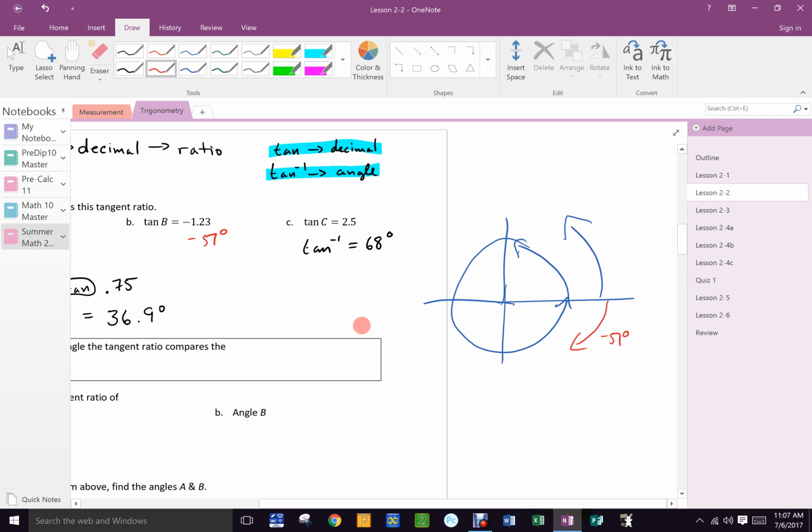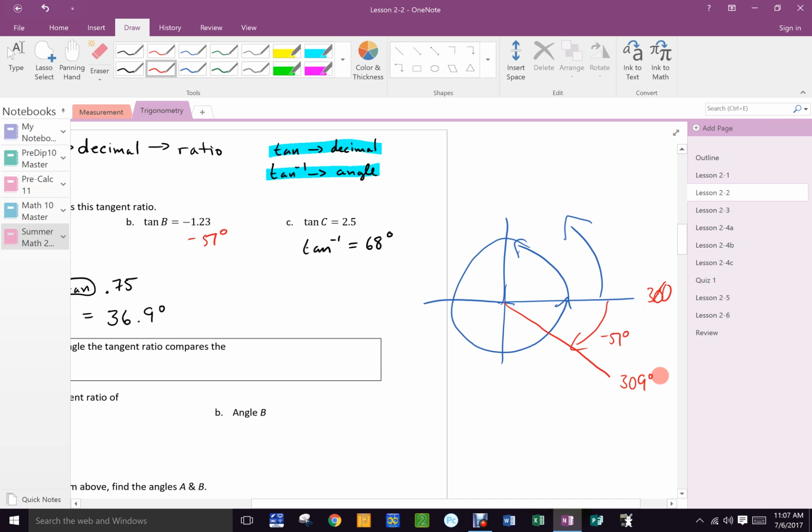Now, if I go all the way around a circle, what do I get to? How many degrees are in that whole circle? 360. But I didn't go 360. I went 51 less than that. So that is 309 degrees. Everybody cool?